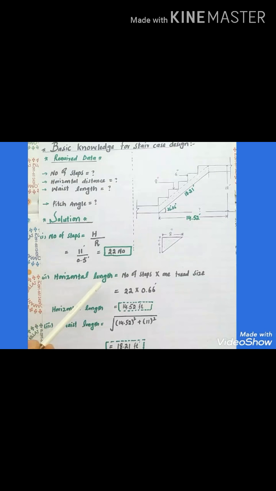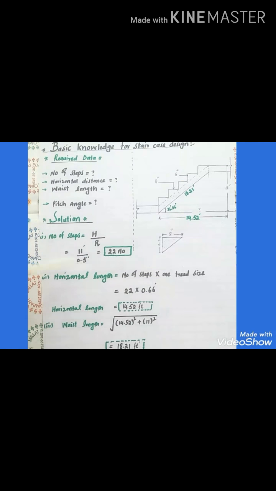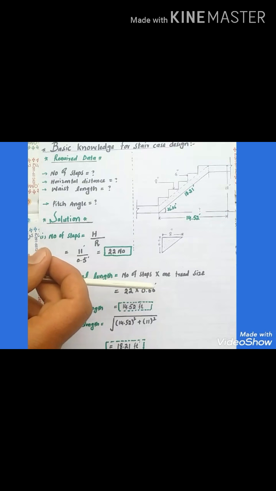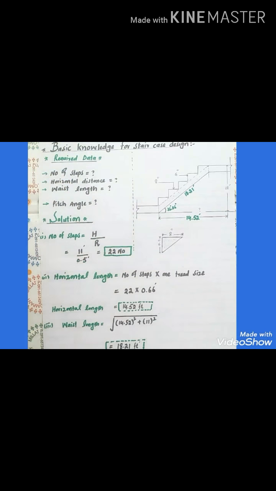Now find the horizontal length. Formula: use number of steps multiplied by 1 tread size. The number of steps is 22 multiplied by 0.66 feet. This is the size of tread. Horizontal length is equal to 14.52 feet.